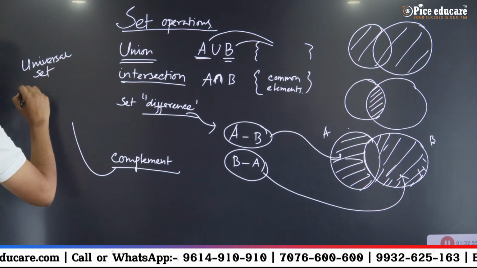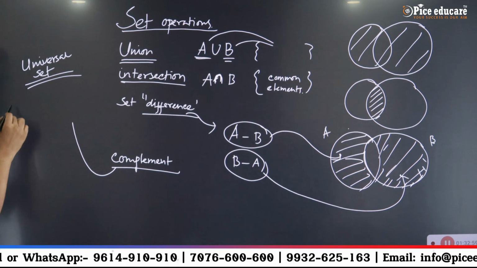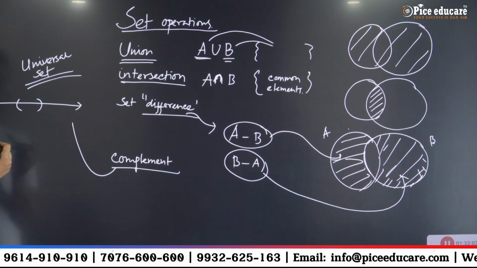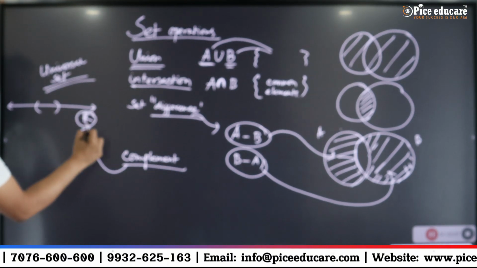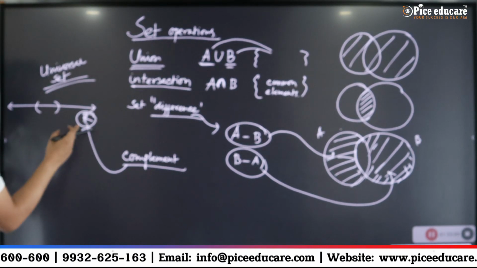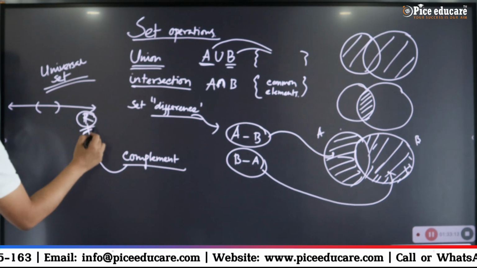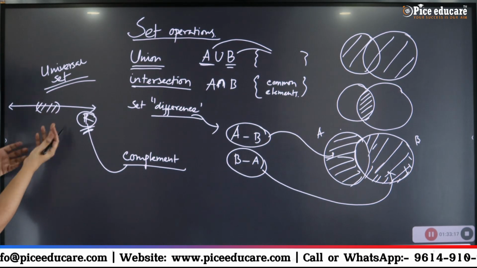And this is really contextual. For example, if I am talking about some interval on the real line, the set of all real numbers, symbolically represented by this notation, becomes the universal set for this subset or this interval.